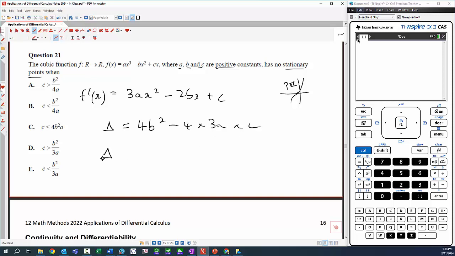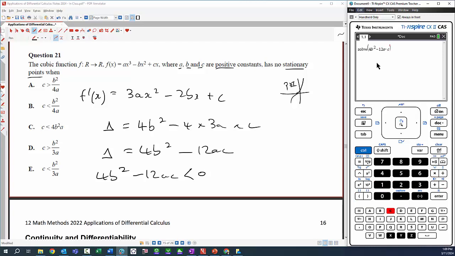That's the discriminant is 4b squared, take away 12ac. Now 4b squared, take away 12ac, we want that to be less than 0 for no solutions to the gradient function. So let's go solve 4b squared, take away 12a times c, less than 0.